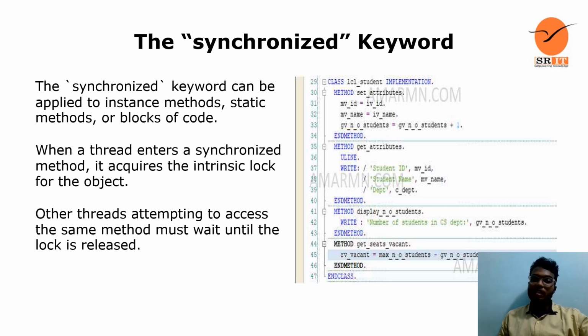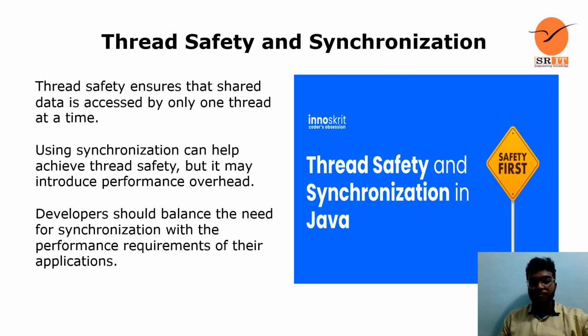Other threads attempting to access the same method must wait until the lock is released. If other threads try to acquire the resources from the thread which is executing the process, they must wait until the lock is released by the first thread.